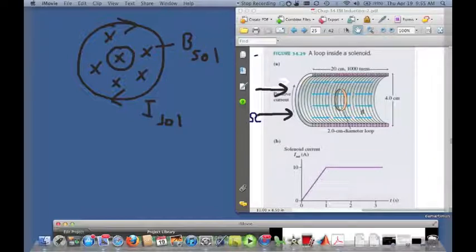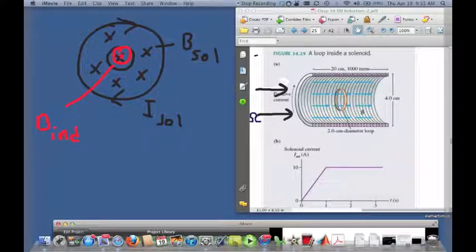So that means that the induced current is going to go in what direction? Delta phi goes into the page, right? So that means that the induced magnetic field on the ring should be pointing out of the page, right? So the induced, this red now is B induced.